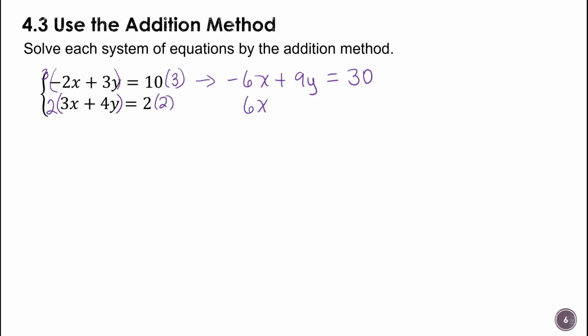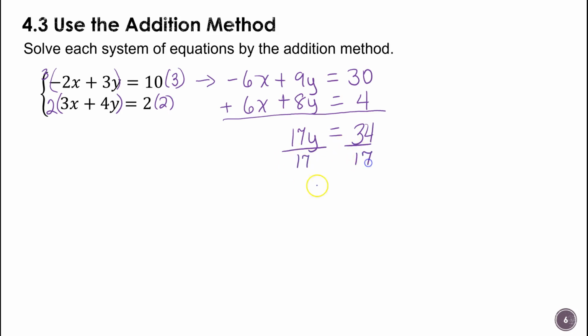All right, so I get a 6x plus 8y equals 4. I'm going to add these two equations together, right? 6x minus 6x, that's 0. That's the whole point. 9 plus 8 is 17, and that's 17y equals 34. To solve, we divide by 17 on both sides. So y is 2.